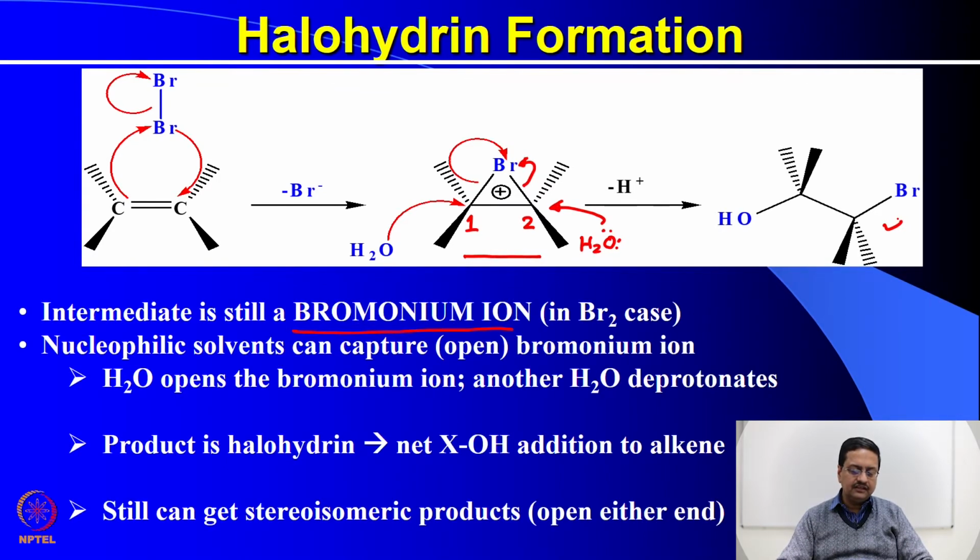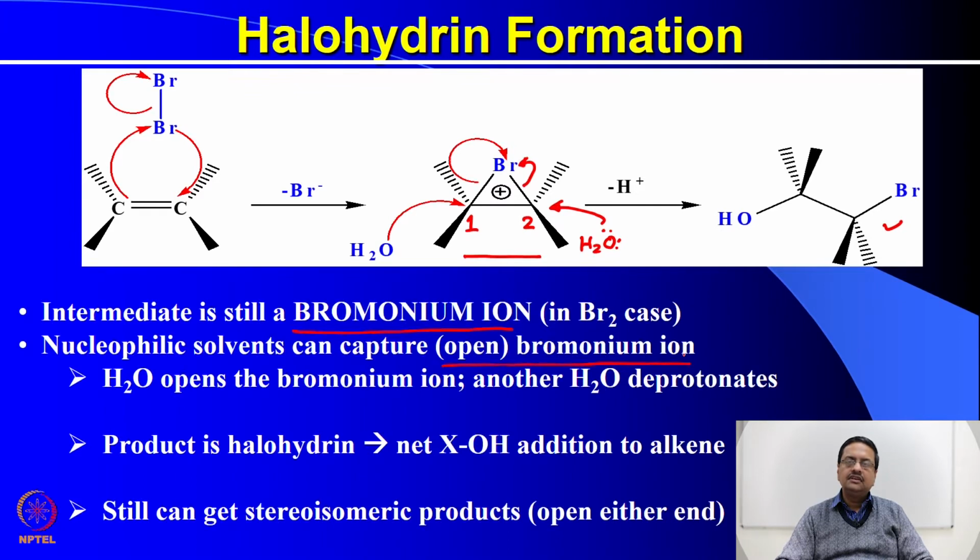So nucleophilic solvents can capture or open the bromonium ion. Here this water opens the bromonium ion and another water molecule deprotonates the added water molecule and the product is formed, and this product is called the halohydrin.